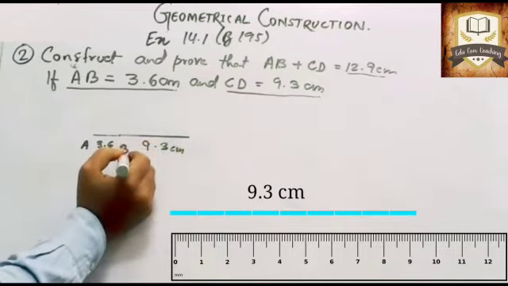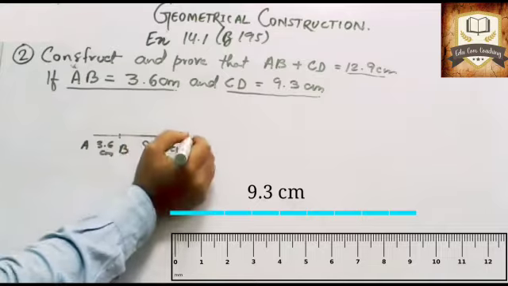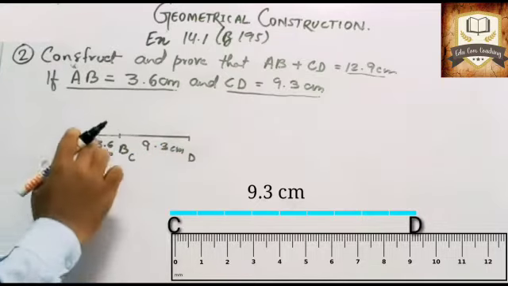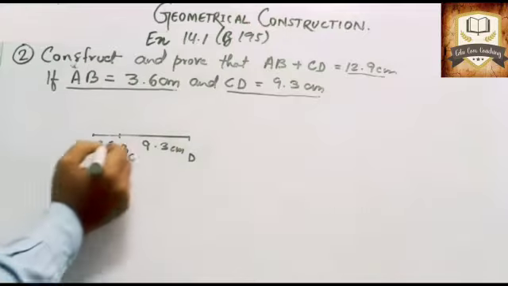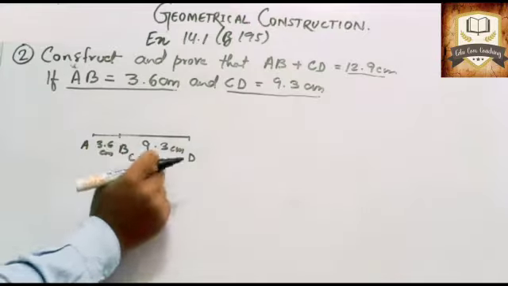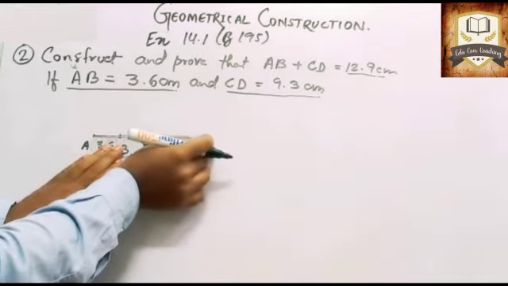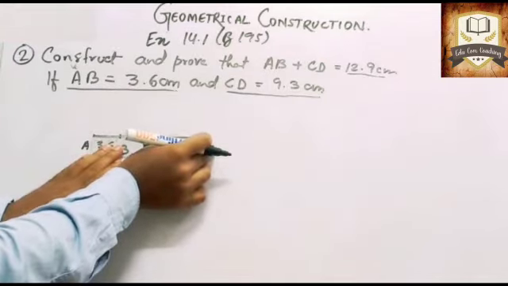Okay, and from this point to this point, this is CD. Now if you measure this total line, meaning these two lines AB plus CD, what will you get? Obviously you will get 12.9.